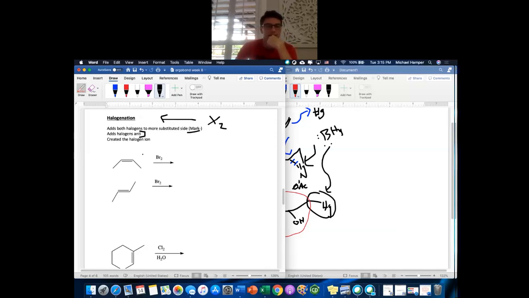So in this example here, you should be able to visualize that the double bond is where they're going to attack. These are the only carbons that you're going to be attacking.